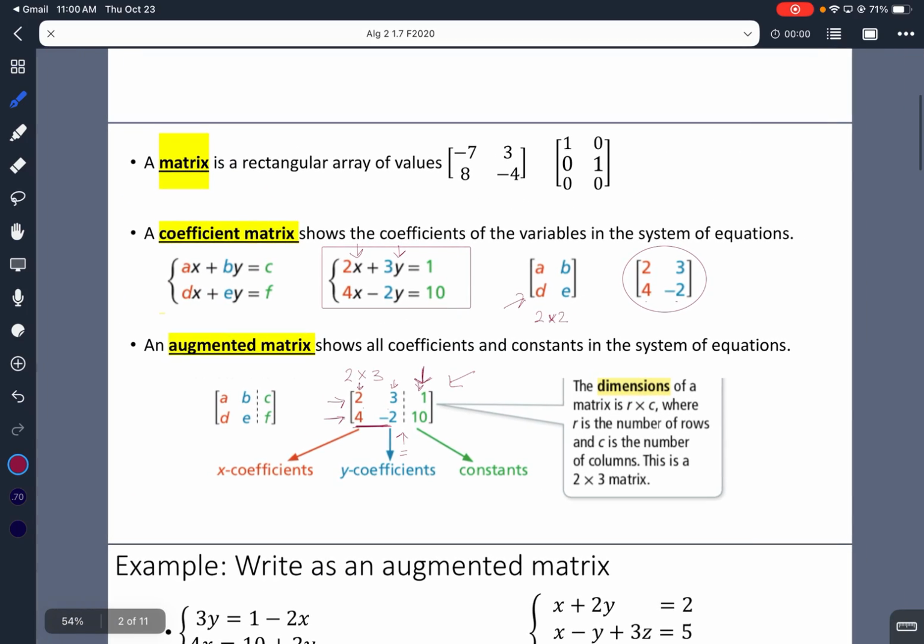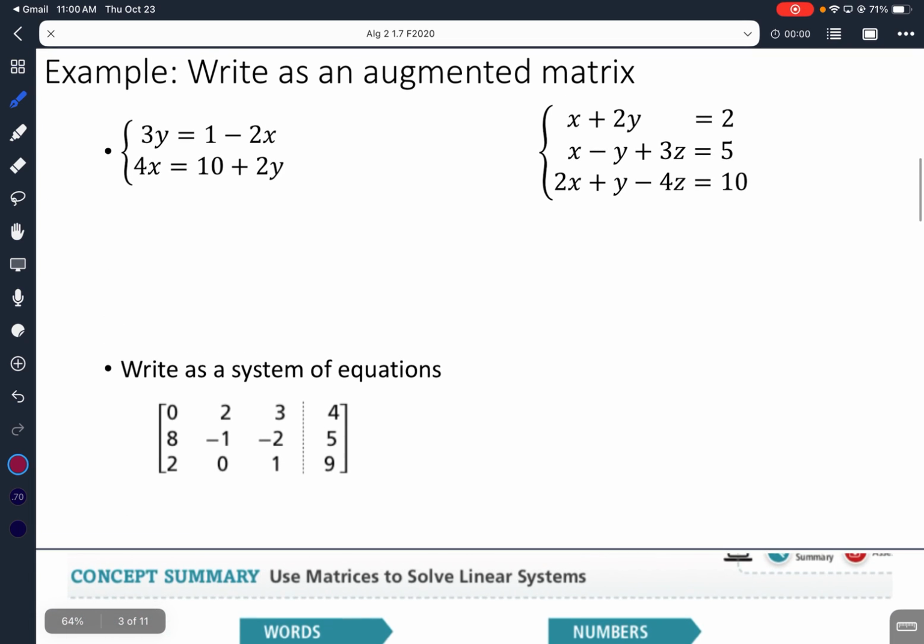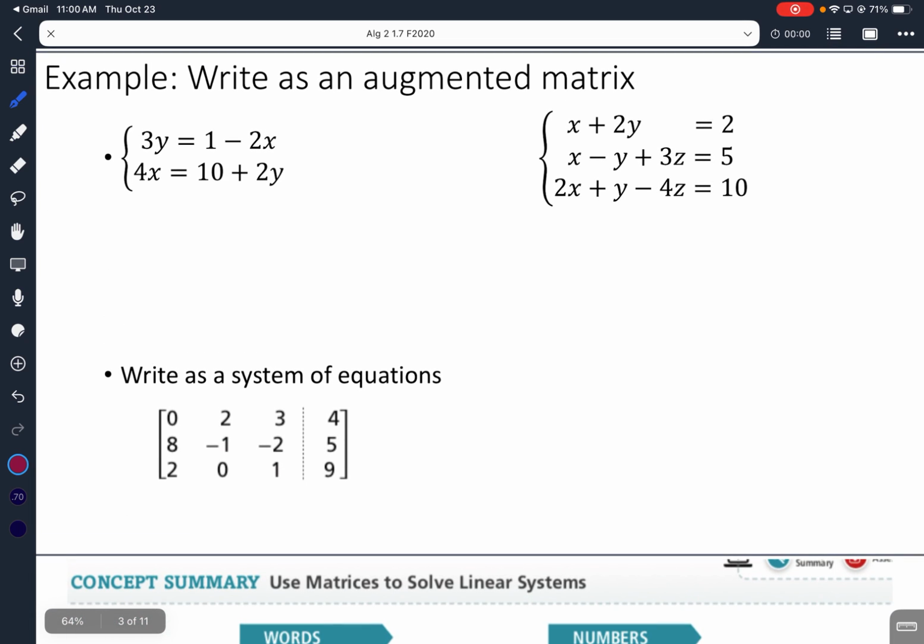Everyone good? Okay, so I want us to write the augmented matrix for what I have here. So the first one I have is 2y equals 1 minus 2x, and 4x equals 10 plus 2y.